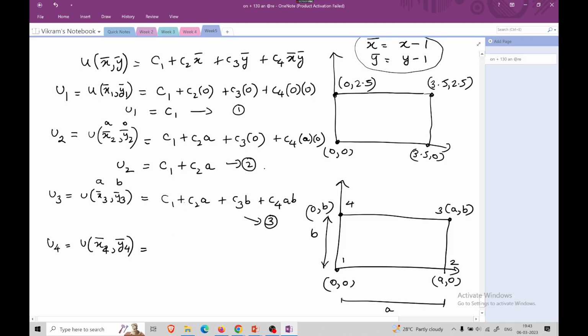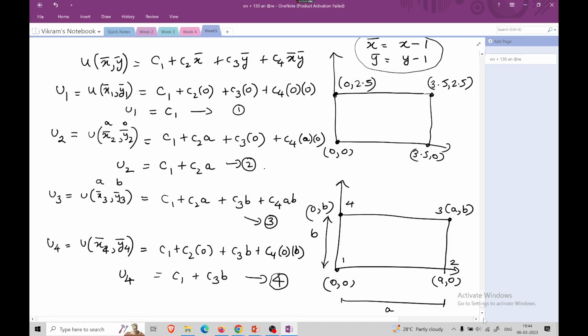So that is 0 comma b. So C1 plus C2 times 0 plus C3 times b plus C4 times 0 and b. So this will be C1 plus C3b. So this is my fourth equation, u4.